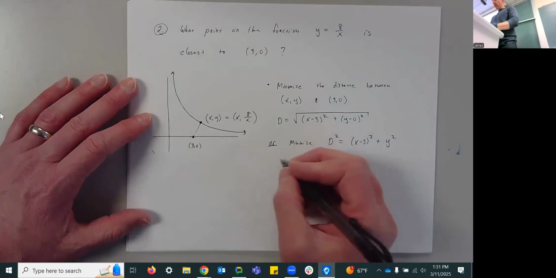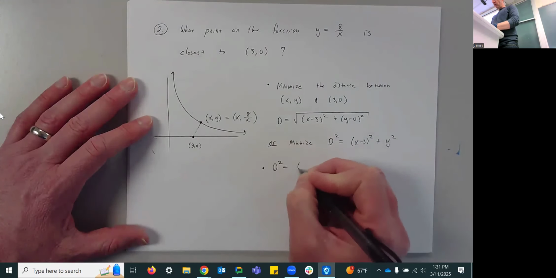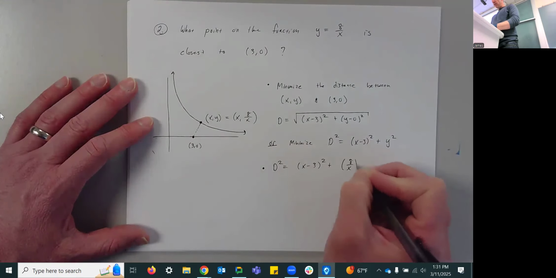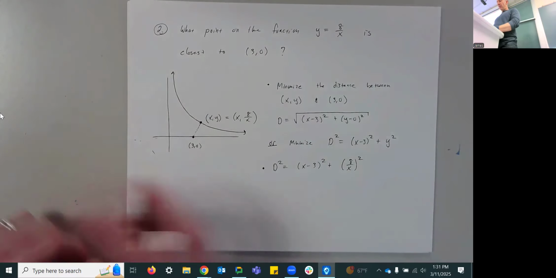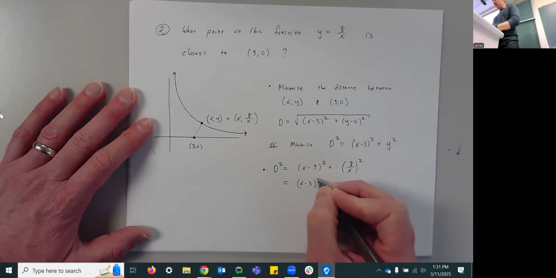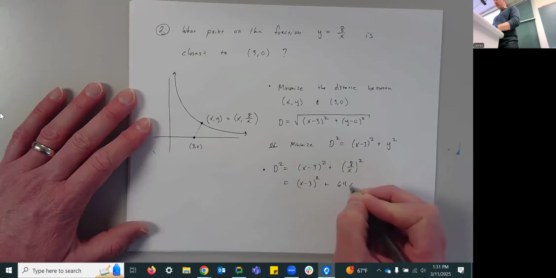So we're really minimizing distance squared equal to (x minus 3) squared plus (8 over x) squared. And again, before differentiating, I would probably at least do one thing. I don't think I'd multiply out (x minus 3) squared, but I would rewrite (8 over x) squared as 64 times x to the negative second.